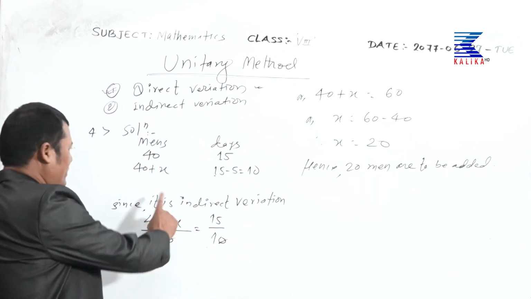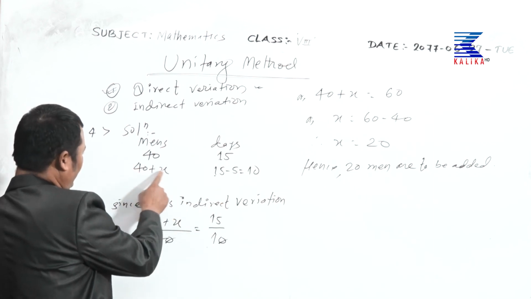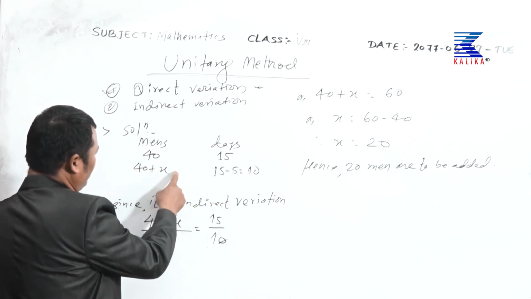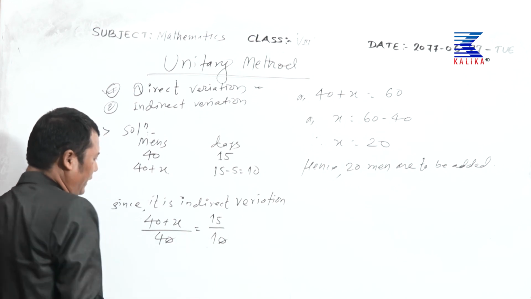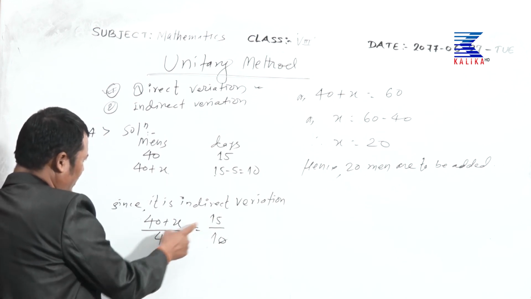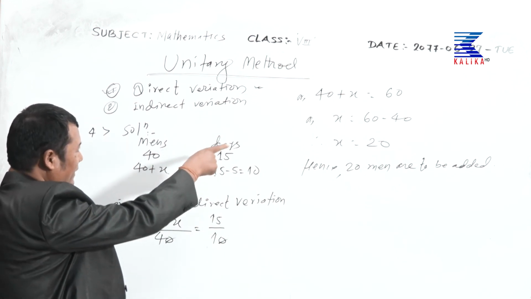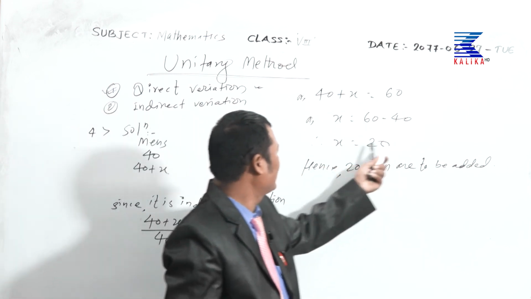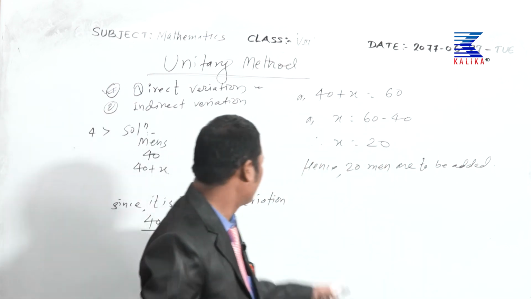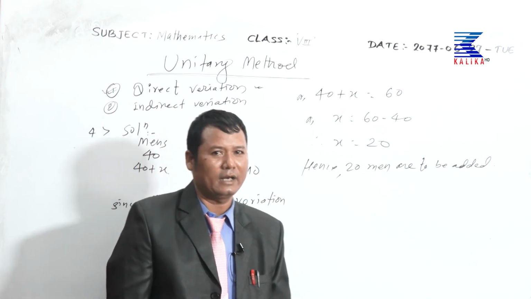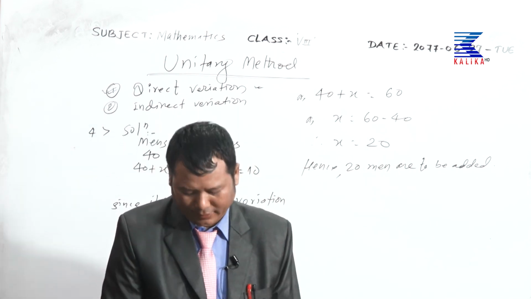So it is indirect variation. 40 plus x upon 40 is equal to 15 upon 10, zeros cancel, then cross multiply, 15 fours are 60, then find the value of x, x is 20. So, hence, 20 men are to be added.